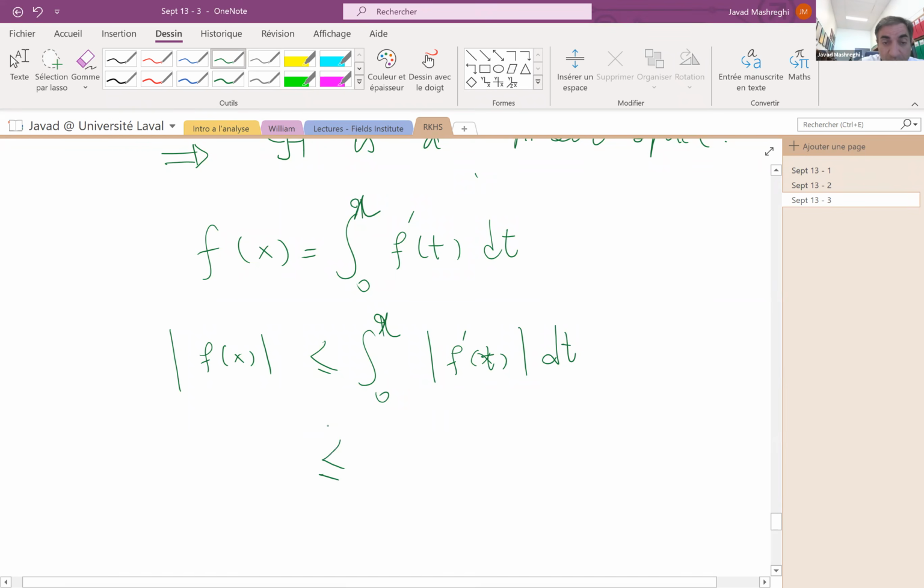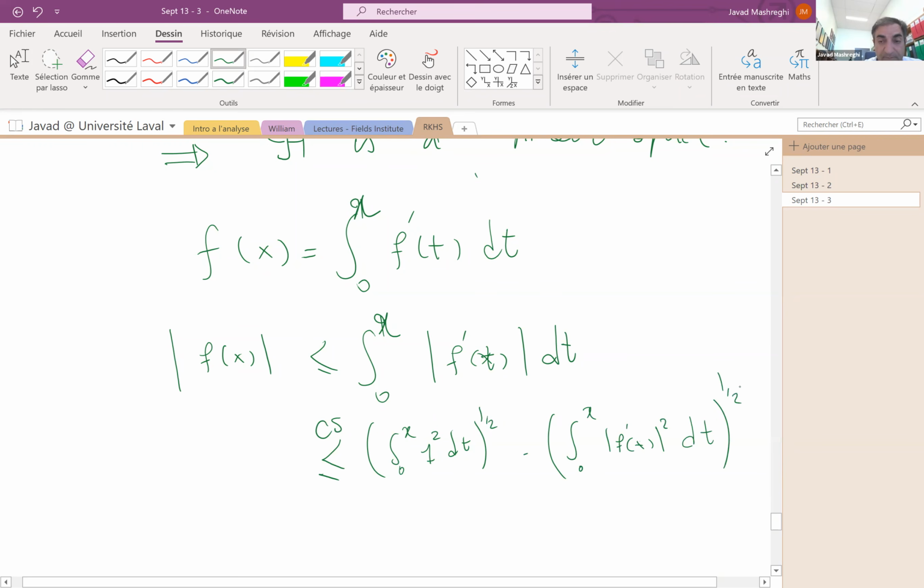So by Cauchy-Schwarz this is less than the square root of the integral from 0 to x of 1 squared dt, times the square root of the integral from 0 to x of f prime t squared dt.